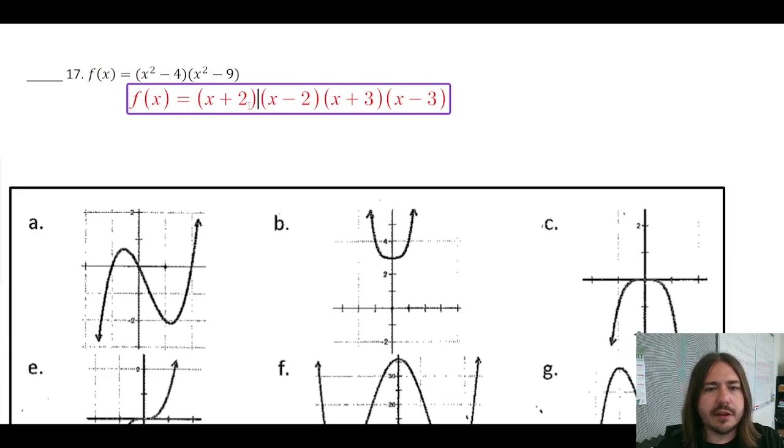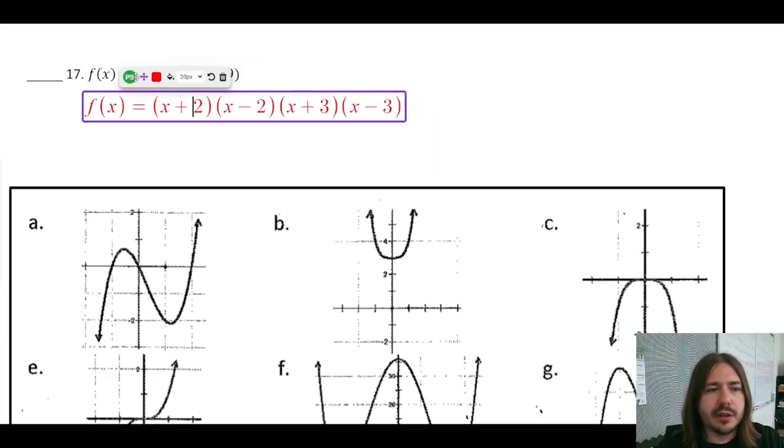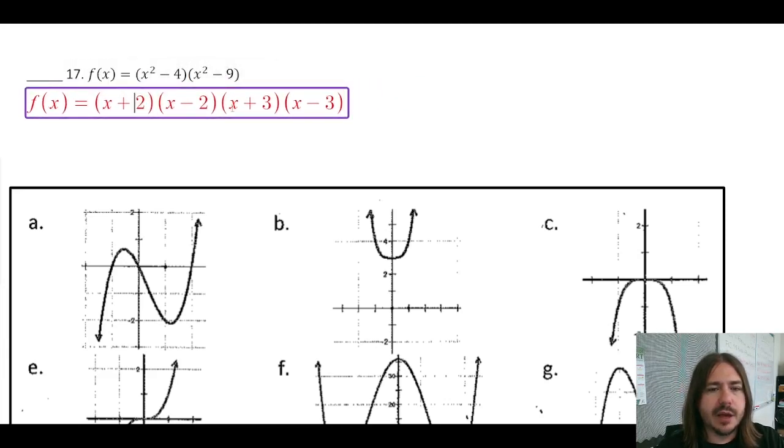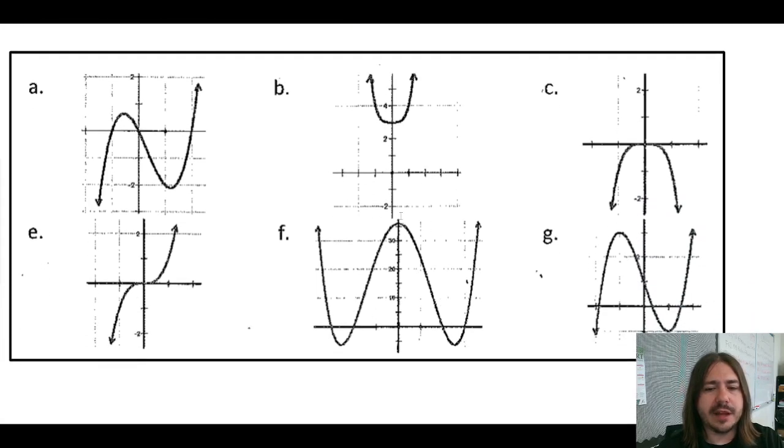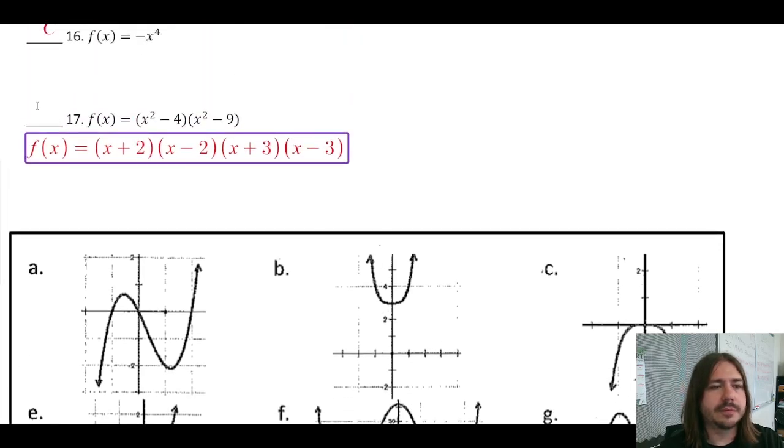So we're expecting 4 zeros. With the y-intercept being, let's see, 4 and 9, that would be like 36, which kind of matches up with what we see on F, right? We got 2, -2, 3, -3, y-intercept up here close to 36, so it's got to be F.